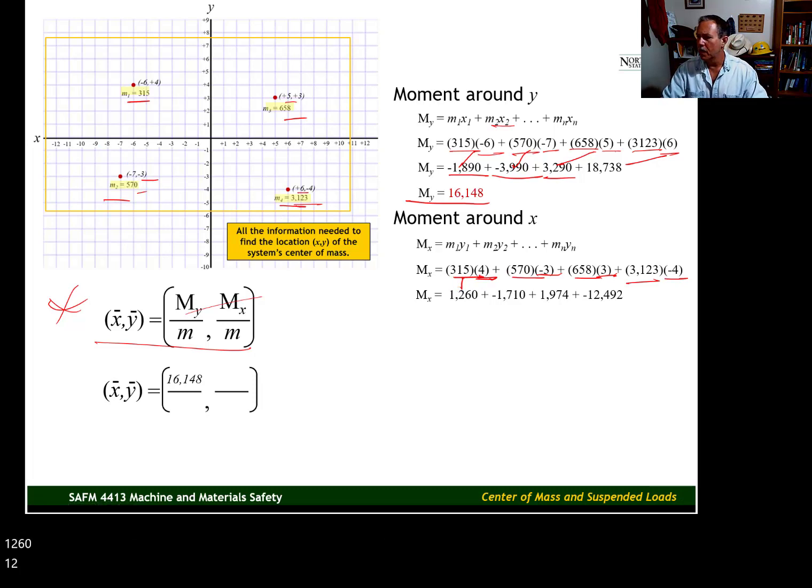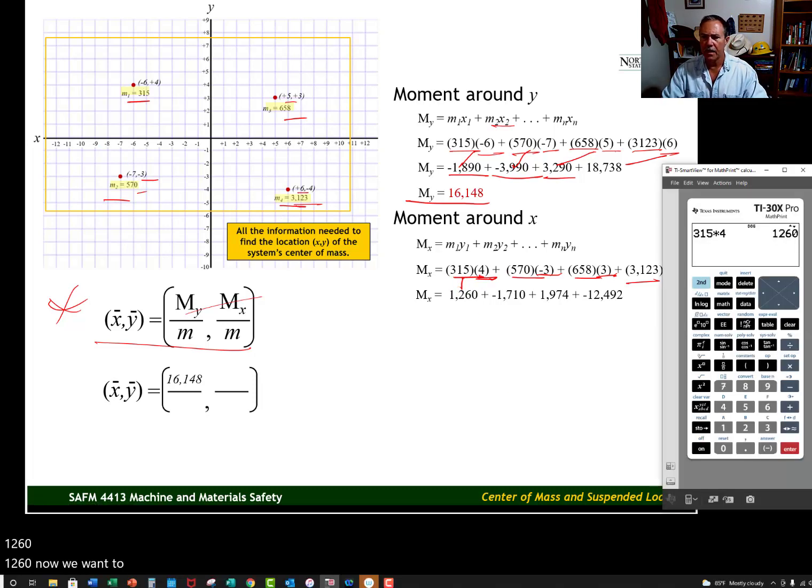Now we want to do 570 multiplied by -3, -1710.